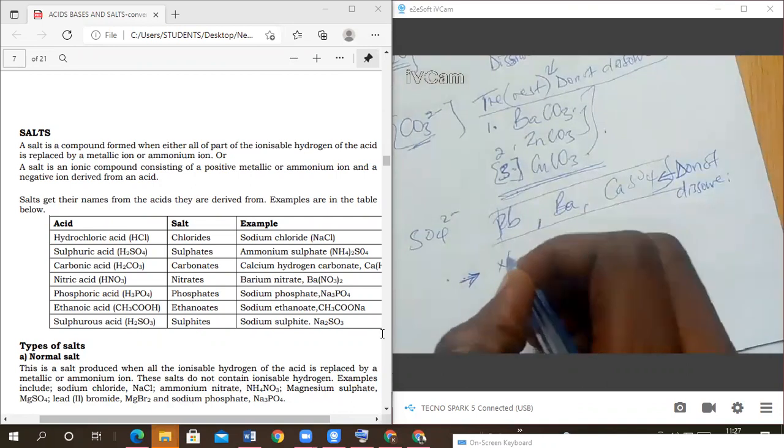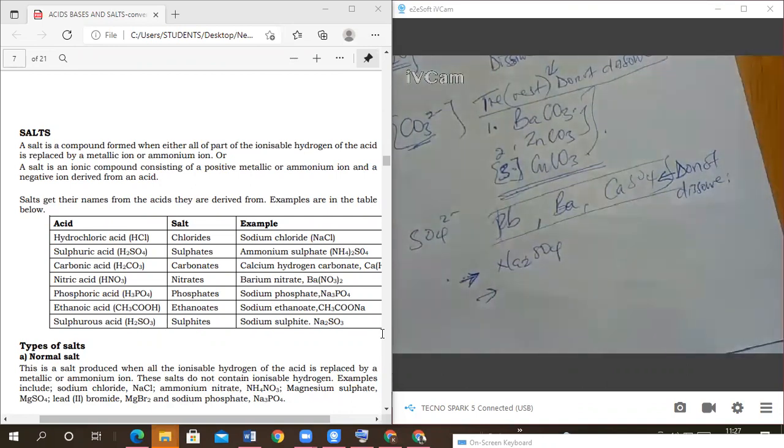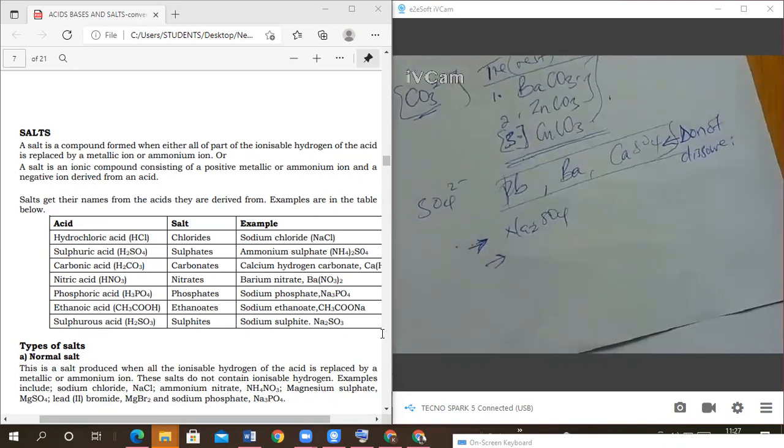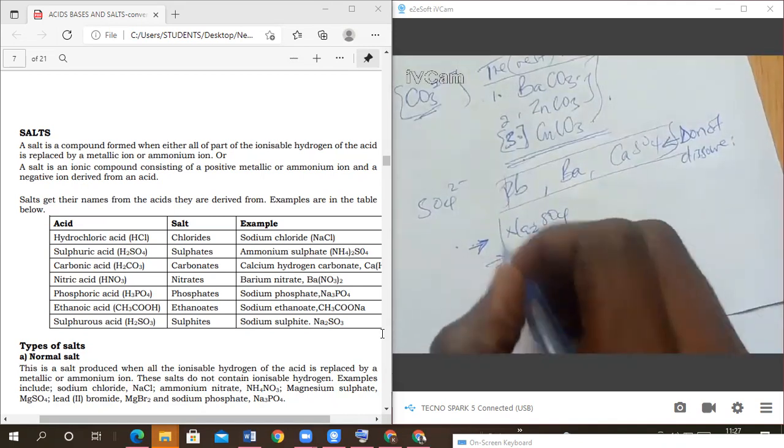Sodium sulfate, yes. Sodium sulfate. Another one, Patricia. Zinc sulfate. Zinc sulfate, yes. So there are as many as that.